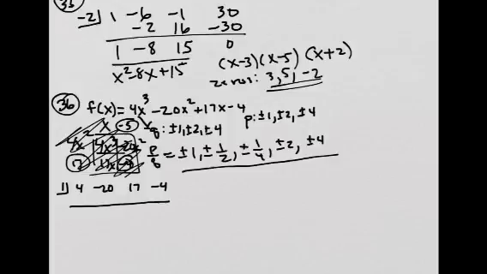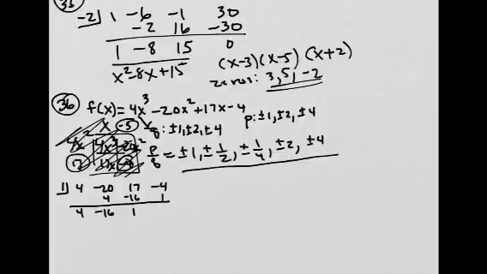So if you have a graphing calculator, you can punch in the equation, and then that way you can reduce the number of p over q's that you have to do synthetic division with. But I'm going to do this without a graphing calculator this time. Okay, so I'm just going to try the 1. And it's not going to work.